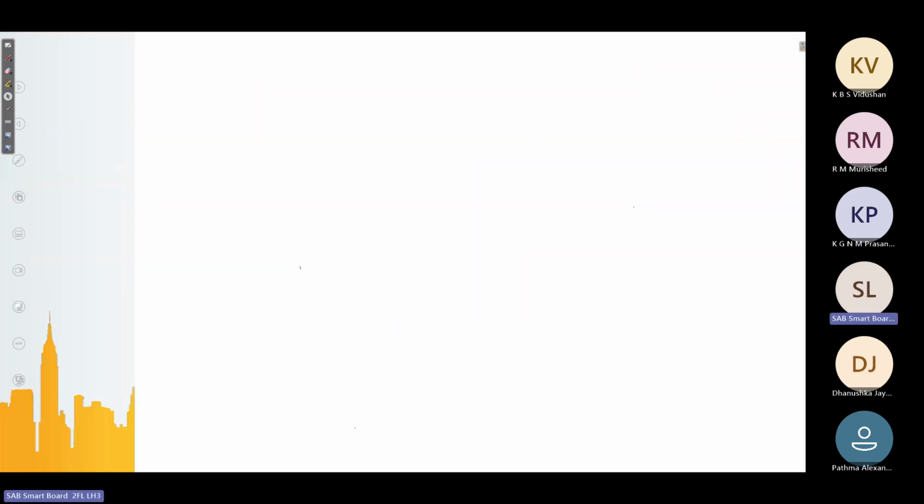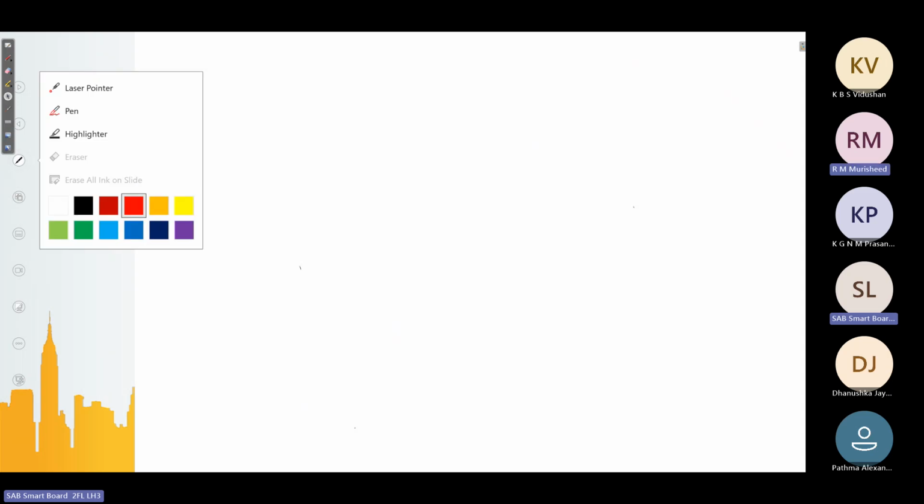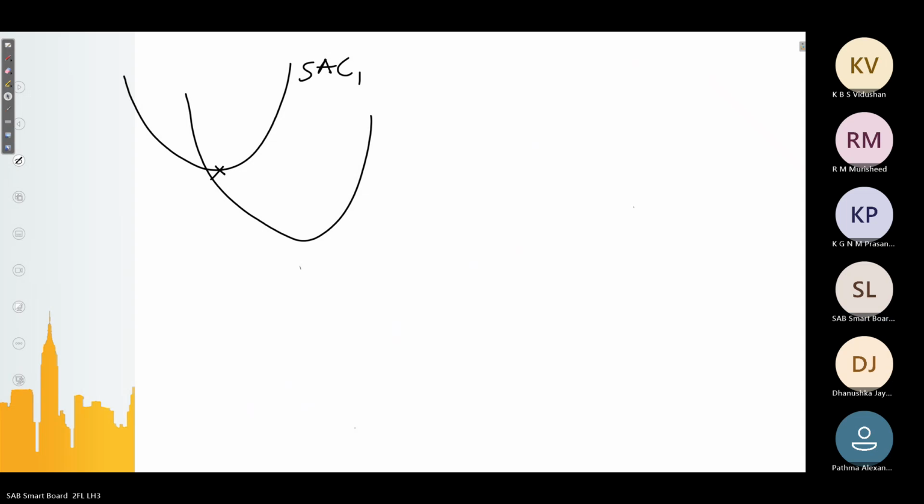So I will show it more clearly here. This is the short run average cost for scale 1. Its minimum point is here. And this is the short run average cost for the second scale. Its minimum point is here.